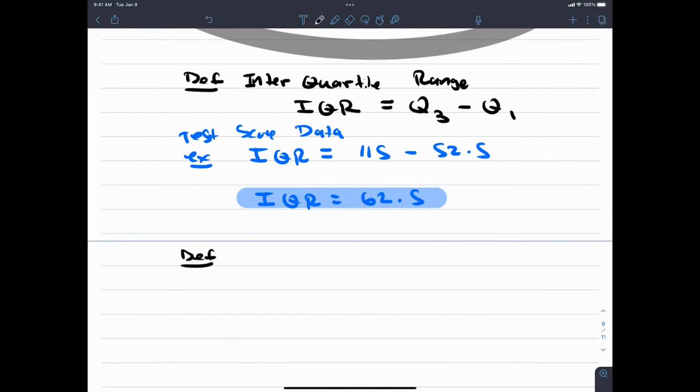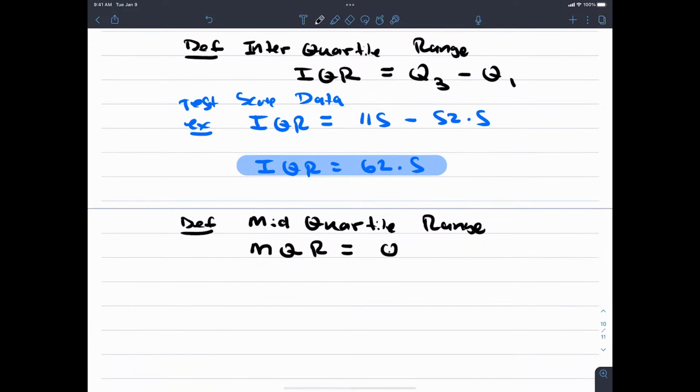Another definition: the mid-quartile range, abbreviated MQR. That's really the midpoint of the quartiles.